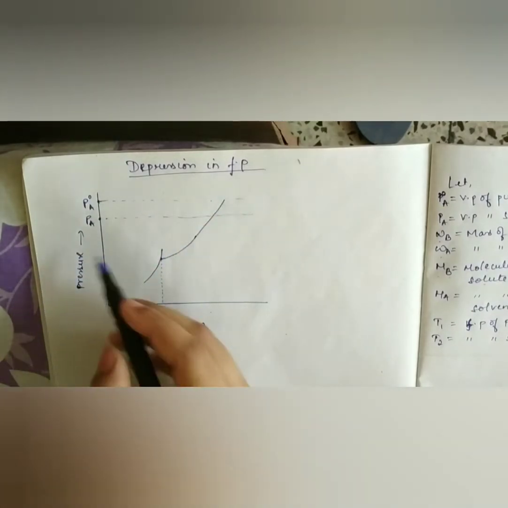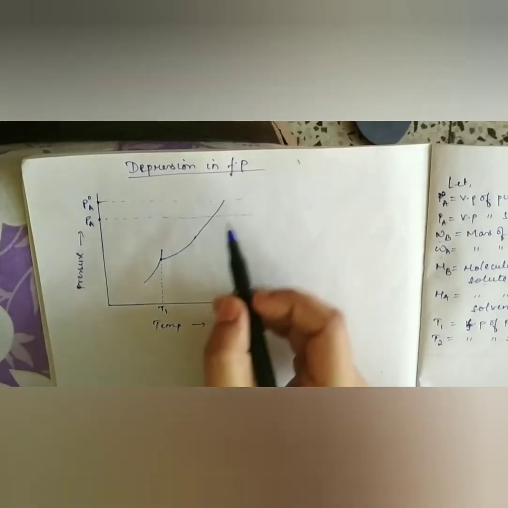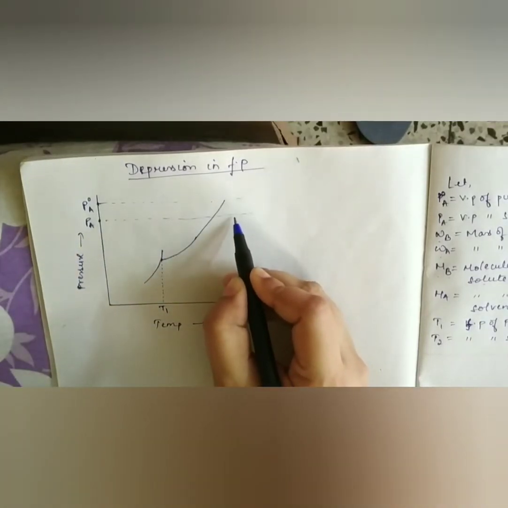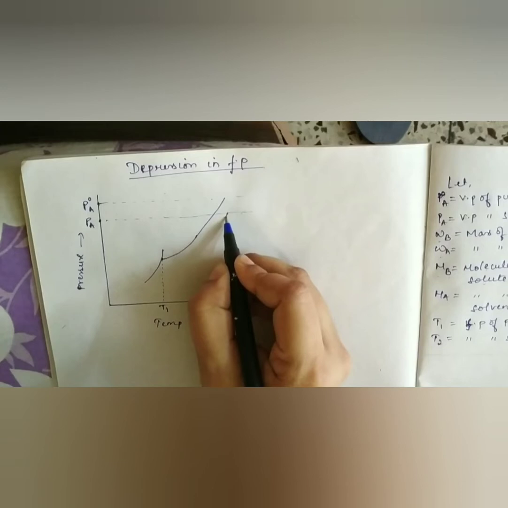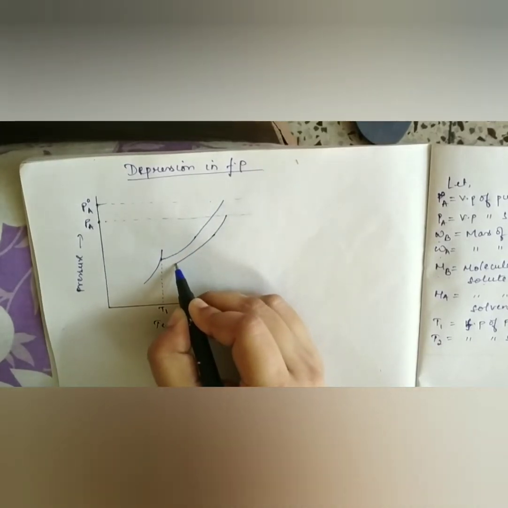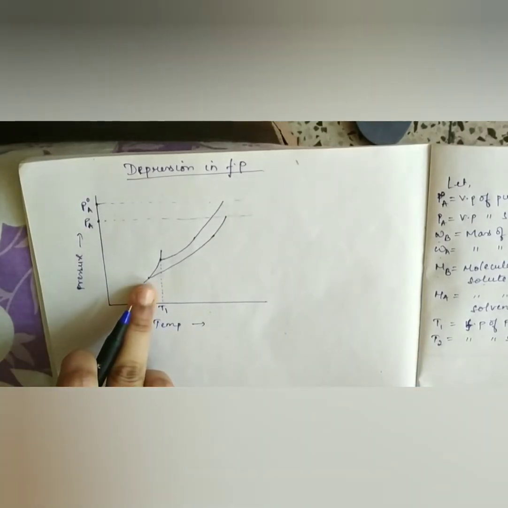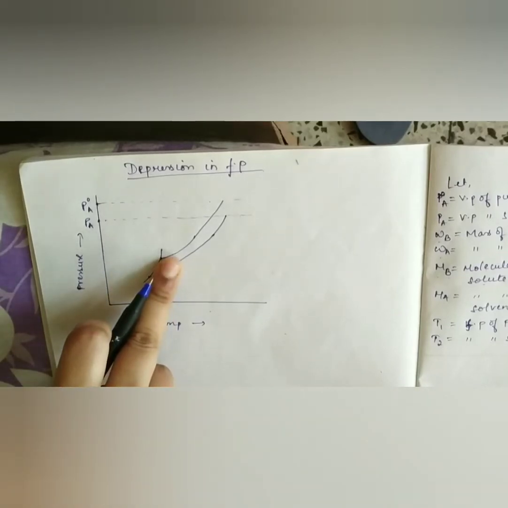Now again, the same case happens with the solution. As we decrease the temperature, the vapor pressure decreases and it becomes equal to the vapor pressure of the solid at a quite lower temperature than that of the pure solvent.